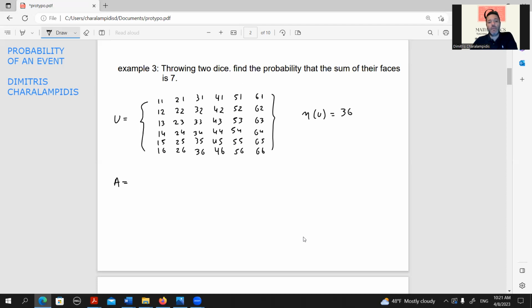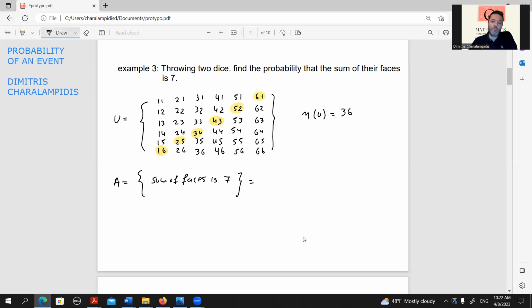Now, let me define my event. I want the sum of faces to be 7. And to find which of the outcomes satisfy this, I will search them through the universal set. A sum of 7 can be taken by 1,6; by 2,5; by 3,4; by 4,3; by 5,2; and by 6,1.